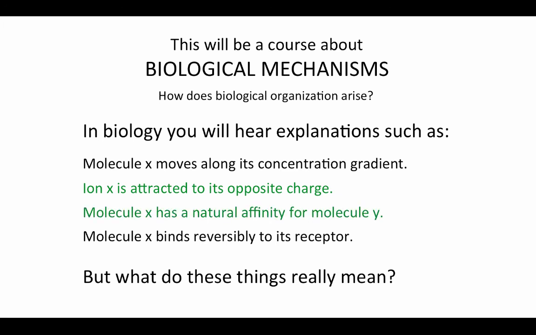When we say that molecule X has a natural affinity for molecule Y, what we're really saying is that molecule X and molecule Y are going to be in a more stable, lower energy state when they're together than they will be when they're apart.